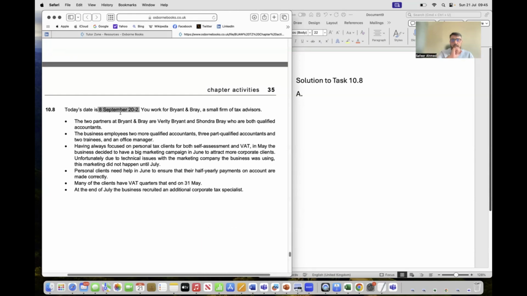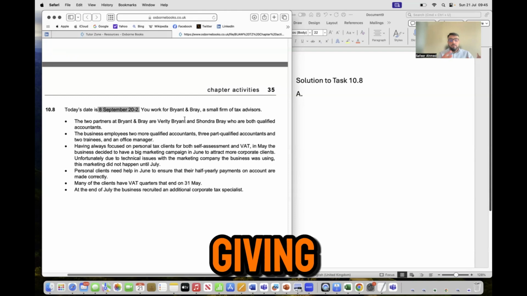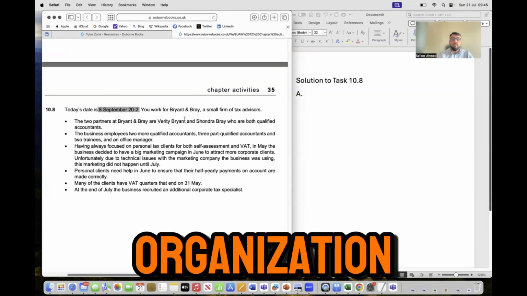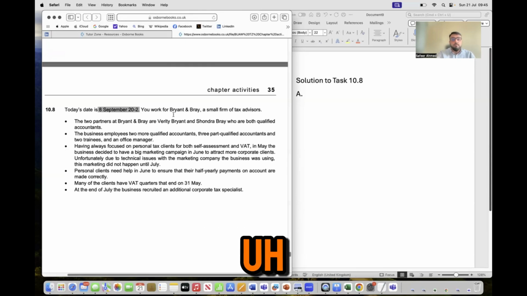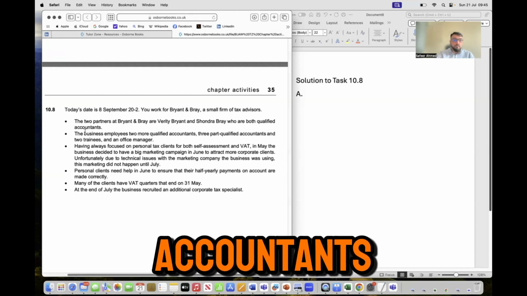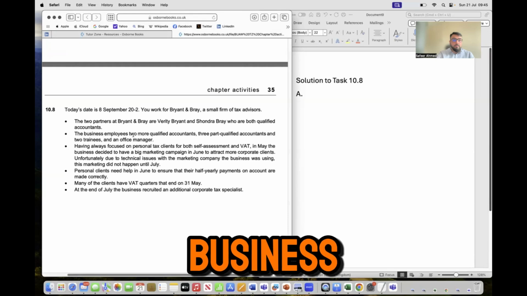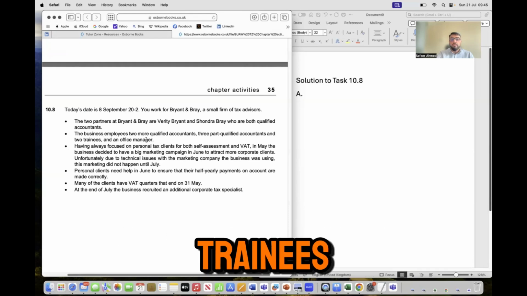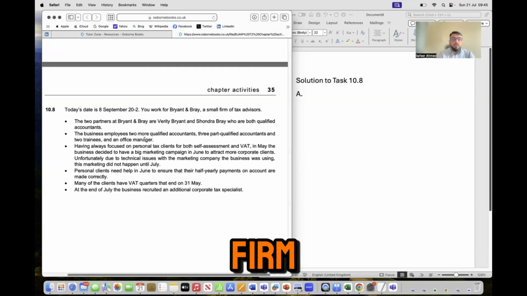Then they give you the scenario, so put yourself in that situation where you're working for this organization, Bryant and Bray, a small firm of tax advisors. The two partners are both qualified accountants. The business employs 2 more qualified accountants, 3 part-qualified accountants, and 2 trainees. So it's a small tax advisors firm.